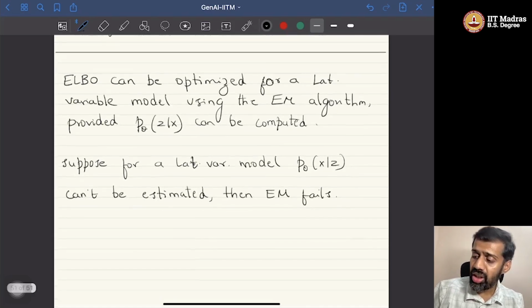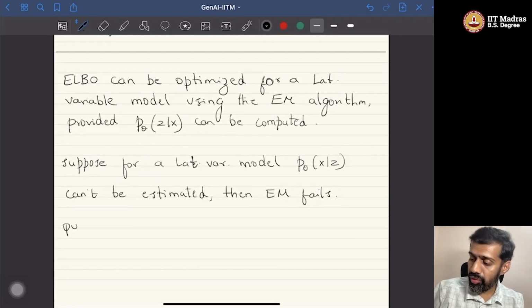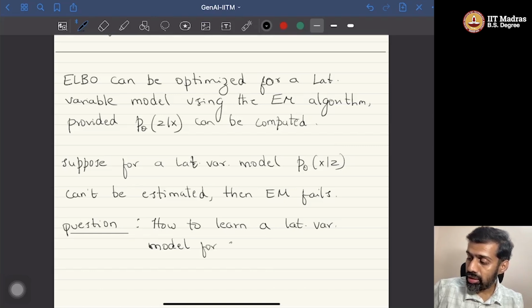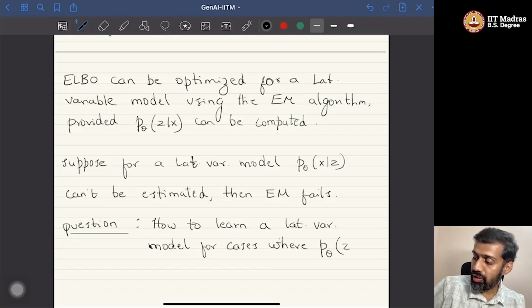Right? Because there's no way to find q star. So now the question is, how do we learn a latent variable model for cases where p theta of z given x is unknown?